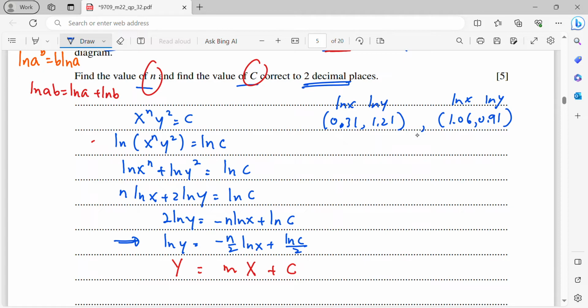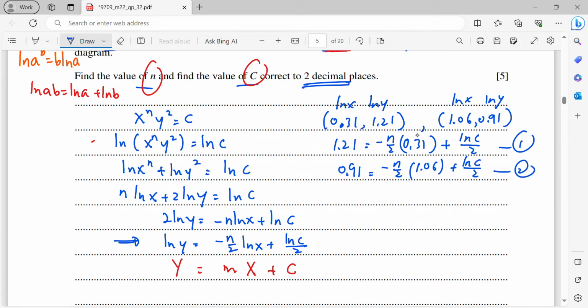Alright, so for the first point, 1.21 equals negative n over 2 times 0.31 plus ln c over 2. This is my first equation. And then for the second point, I will get 0.91 equals negative n over 2 times 1.06 plus ln c over 2.